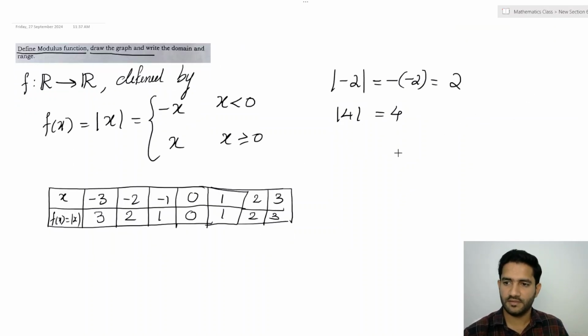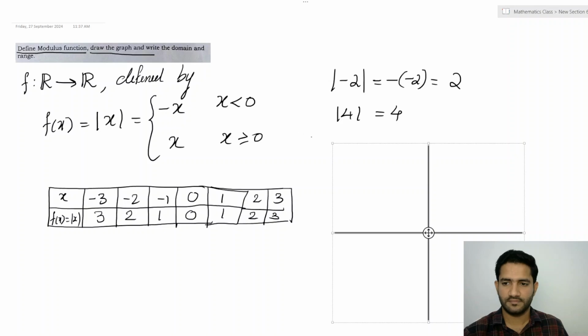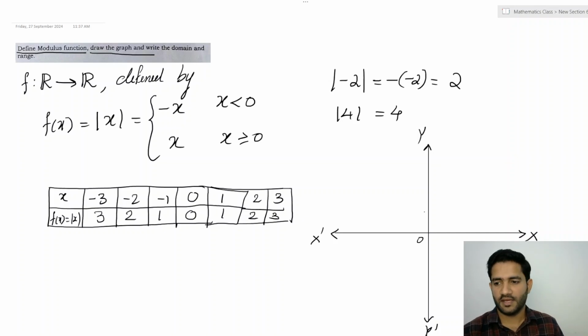For that, we are using x and y axis. And we know that this is the x-axis. This is the y-axis. Mostly we are using this x dash and y dash. This is the origin. And 1 centimeter is equal to 1 unit. 1, 2, 3, 4.